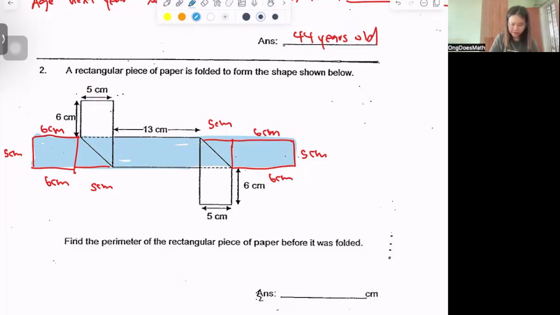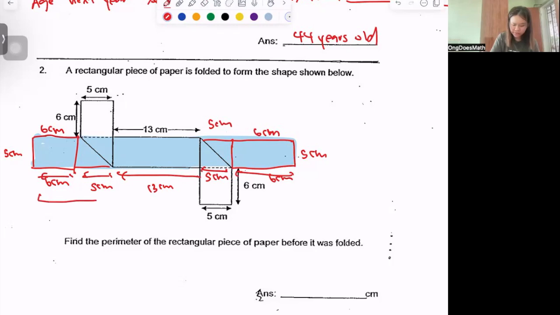So now we just have to find the perimeter, right? So let's find the length first. So let's label. Here will be 13 cm. Here will be 5 cm. Okay, so what's the length of the rectangle, which means the figure before it was folded?